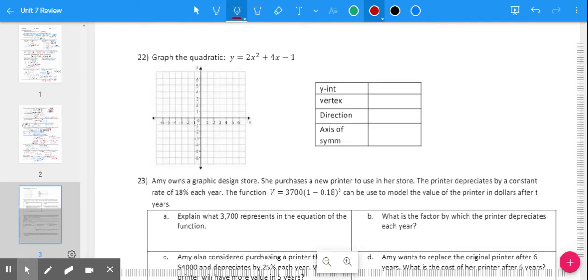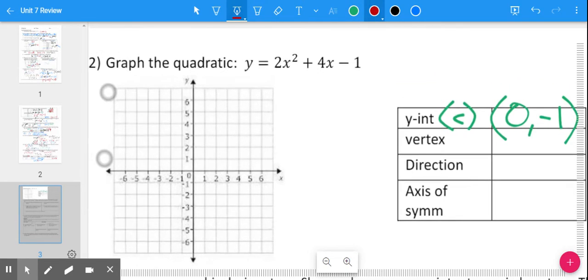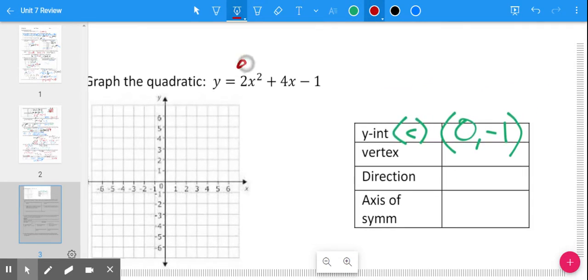Last page. So we want to graph this quadratic. The y-intercept is always your c value. So it's 0, -1. To find your vertex, you do the a, b. So -b over 2 times a, which is 2.